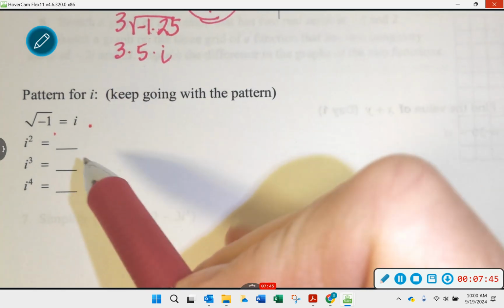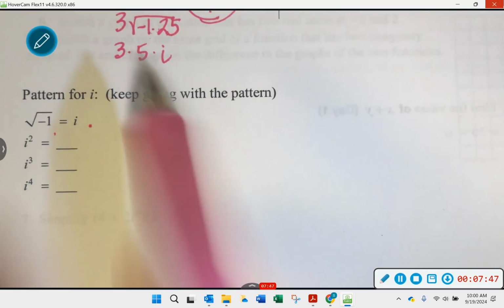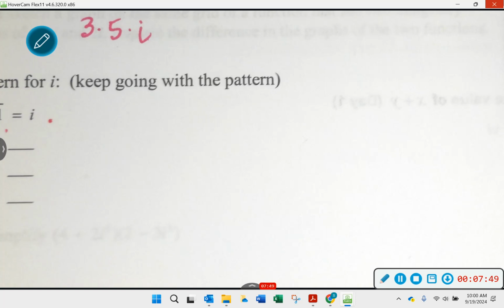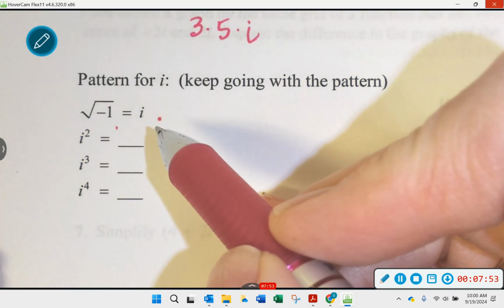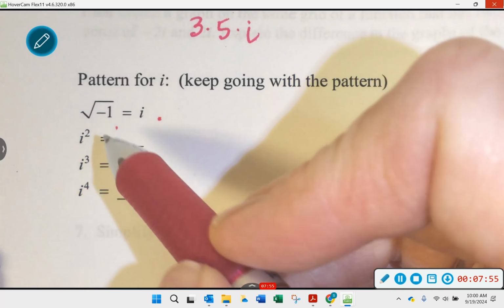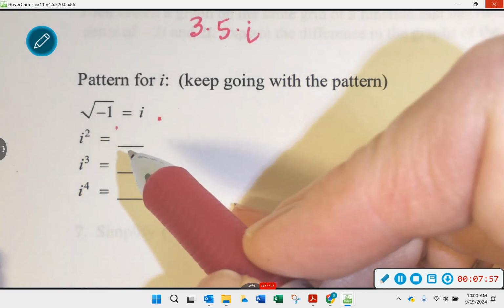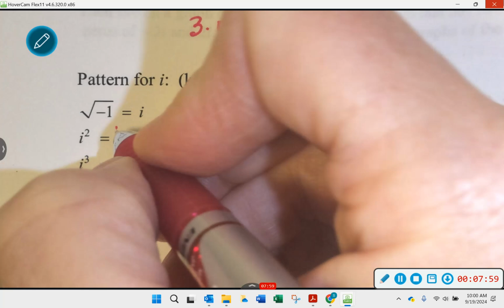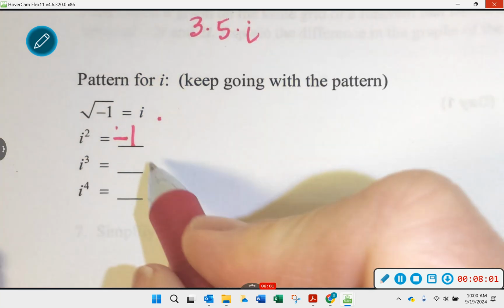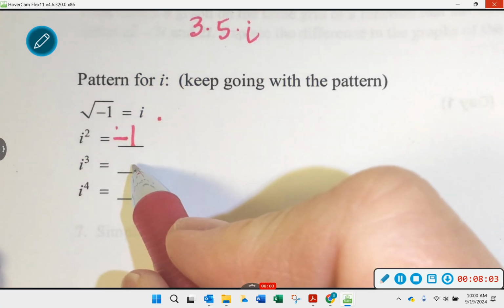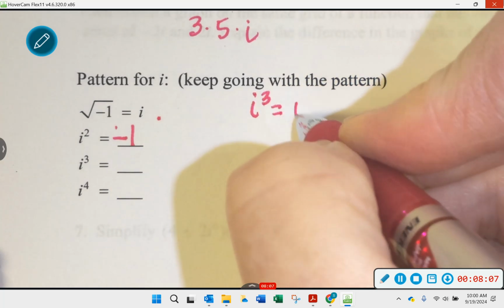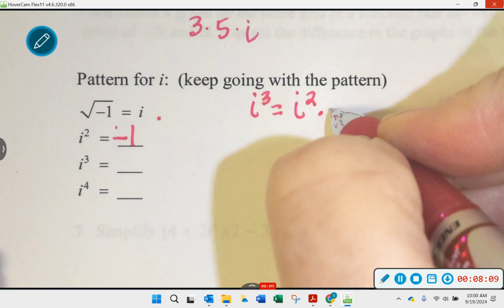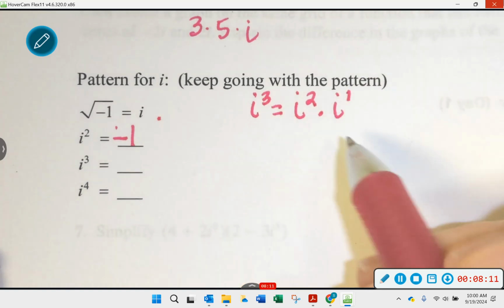All right, now we're going to look at a pattern for imaginary numbers. We said the square root of -1 is i. What would i squared be? We talked about this a minute ago. -1. Now, we want to know what i cubed is. Well, i cubed is the same thing as i squared times i to the first.